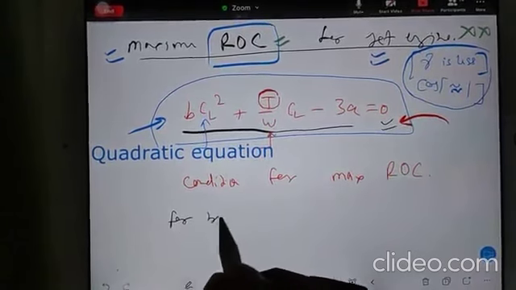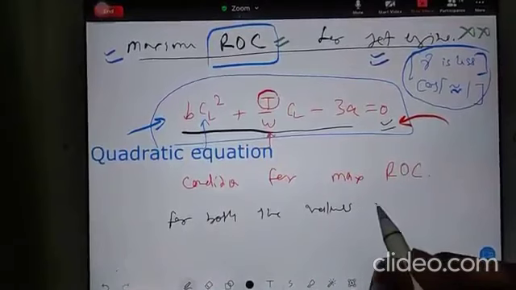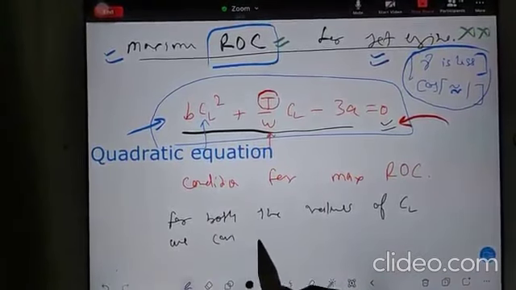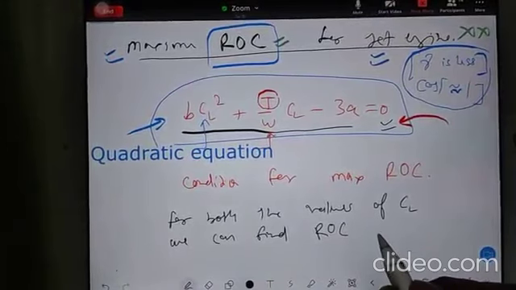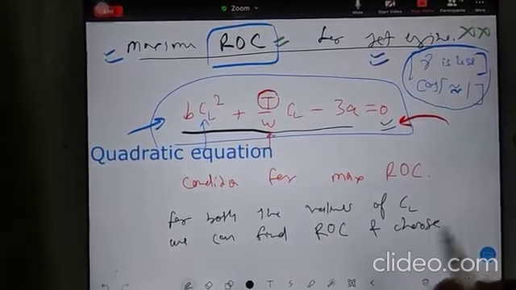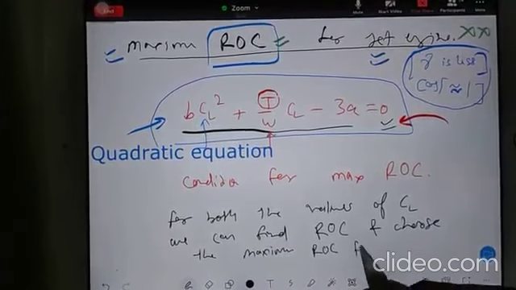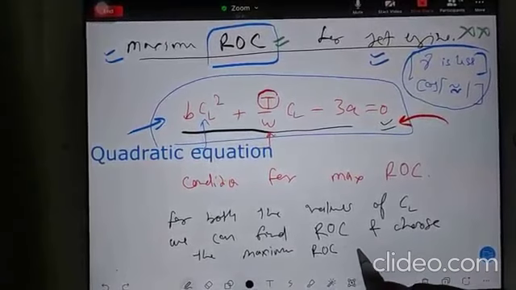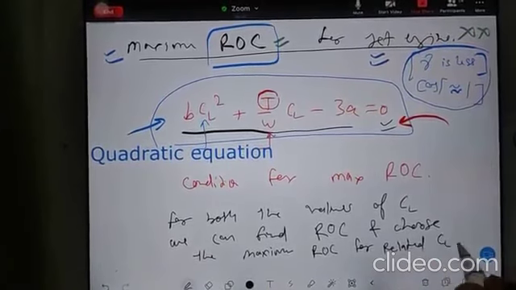So for both the values of Cl, we can find ROC and choose the maximum ROC, for the related Cl.